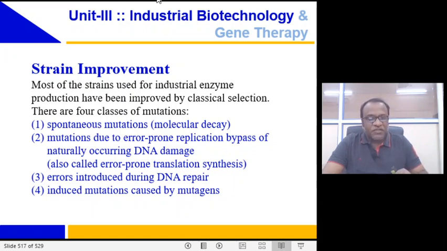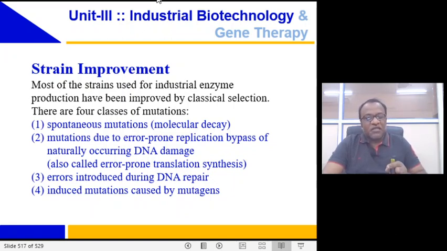There are four classes of mutations by which the strain improvement is carried out. Number 1, spontaneous mutations. Number 2, mutations due to error-prone replication bypass of naturally occurring DNA damage. Number 3, errors introduced during DNA repair. Number 4, induced mutations caused by mutagens.